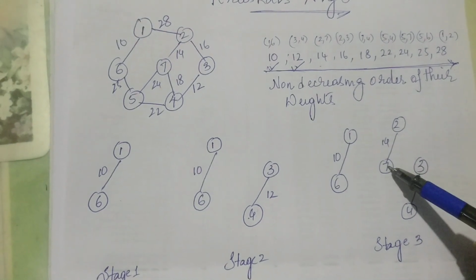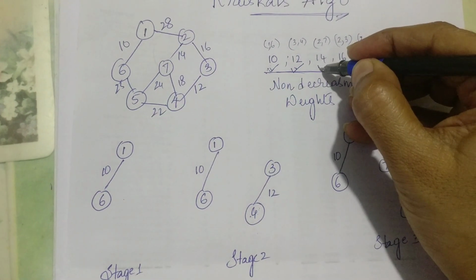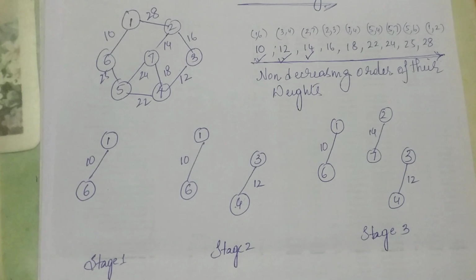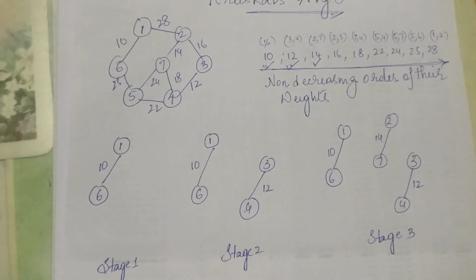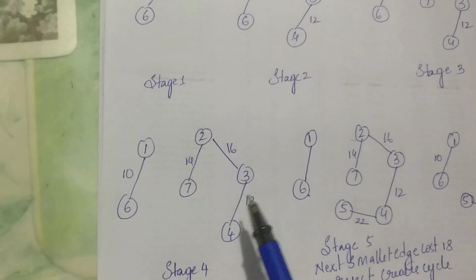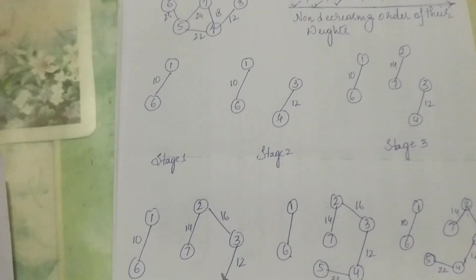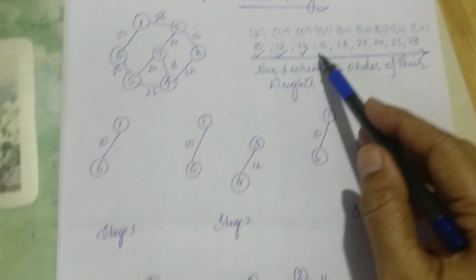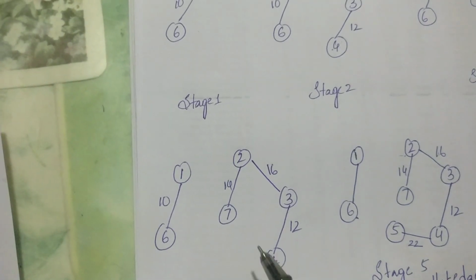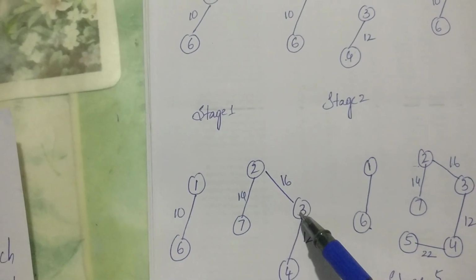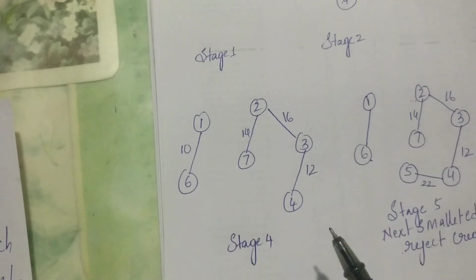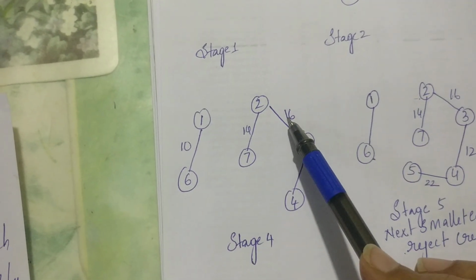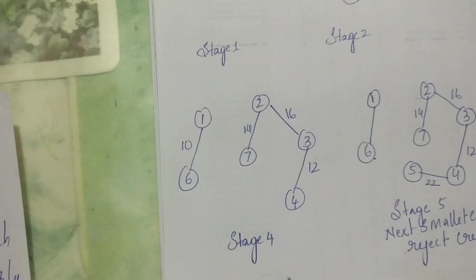This is also not creating a cycle, so it is accepted. Next, stage 4, the edge is 16. Now 16 is also not creating a cycle, so we accept this as a part of the subgraph.